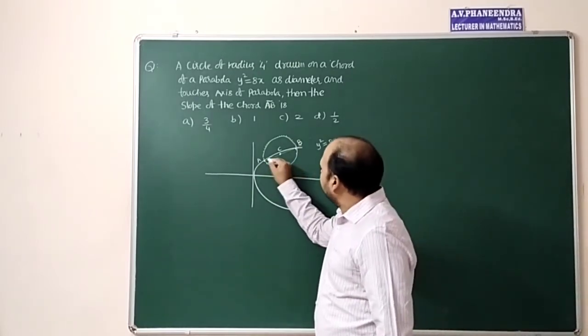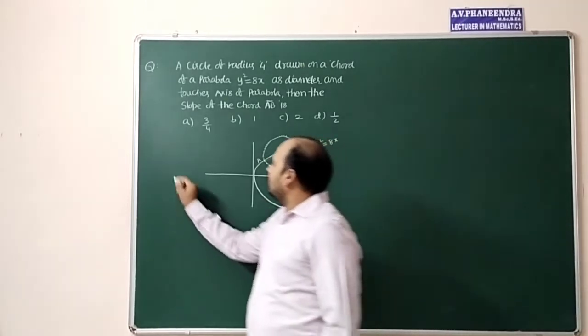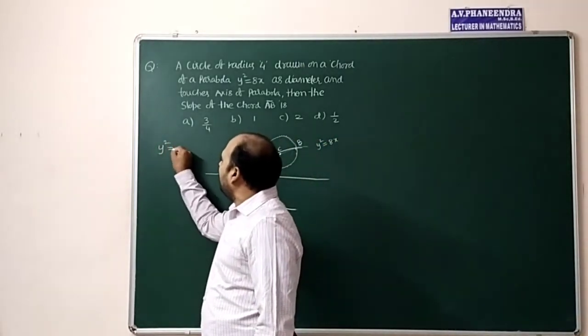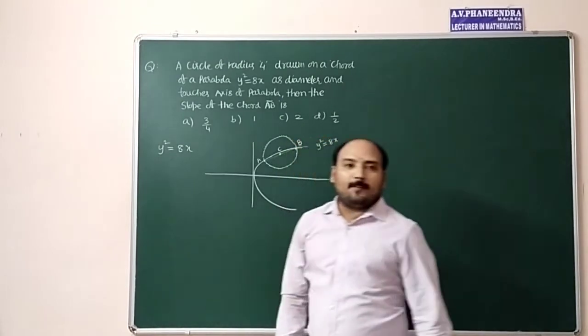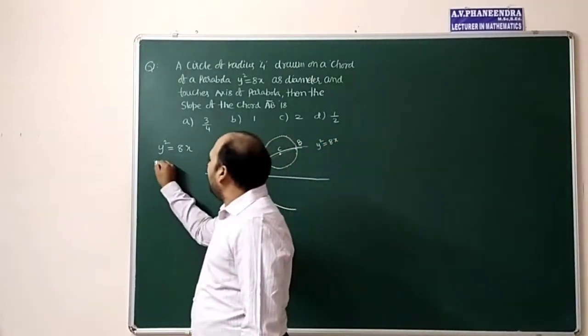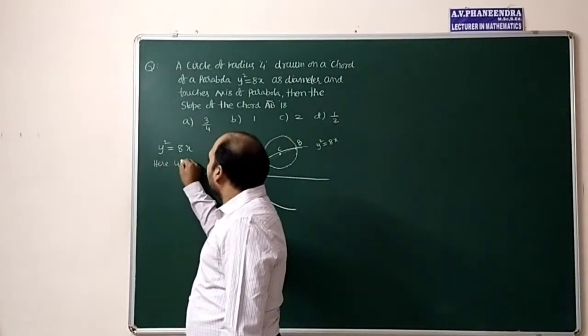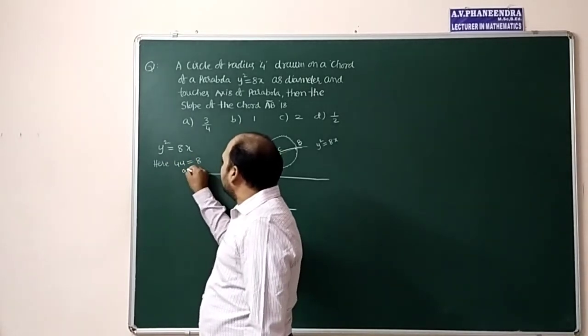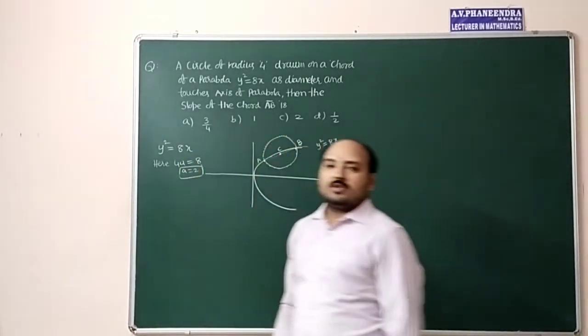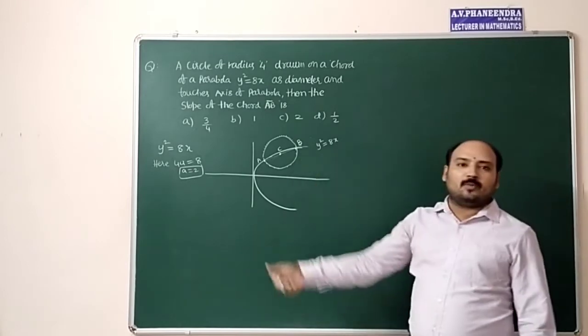That is important. The given parabola is y square equal to 8x, compared with y square equal to 4ax. Here 4a is equal to 8, so a is equal to 2. The points we are going to consider on the parabola are parametric points.